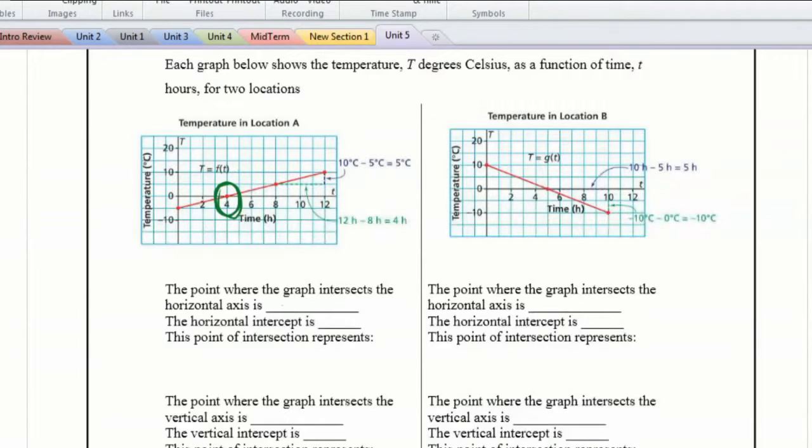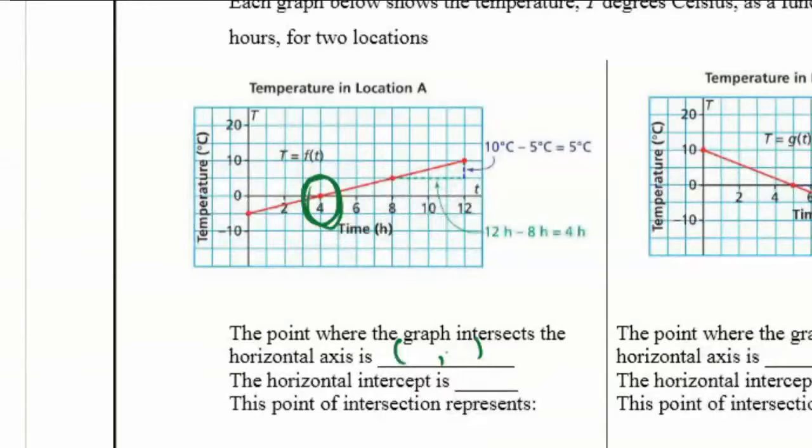So an ordered pair is going to be our x term, and then our y term, and then we separate them with a comma. So if we're on the horizontal axis, our y value is going to be 0, because we haven't gone up or down. And our x value in this case is going to be 4.